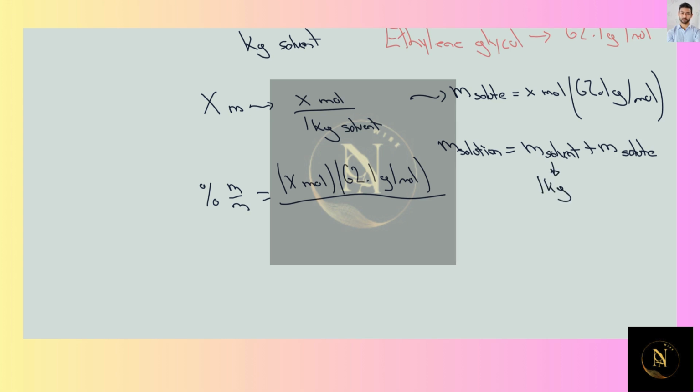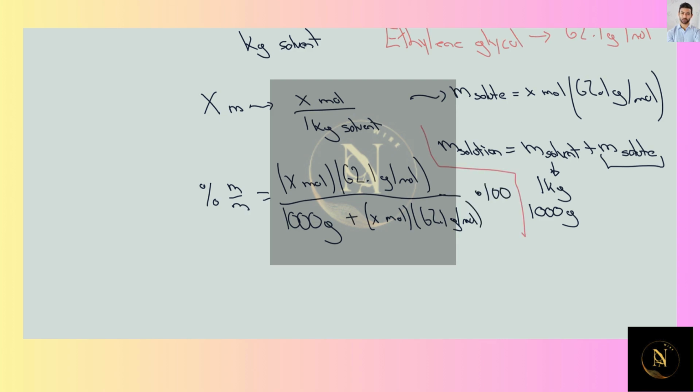This is going to be 1 kilogram of solvent, or 1000 grams, plus the amount of mass of the solute that we have. So plus X mole times 62.1 grams per mole. And all of this, we're going to multiply by 100 to get a percent. So this is going to be the general procedure that we're going to employ.